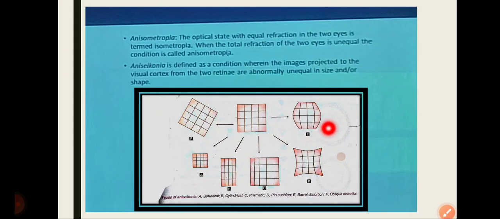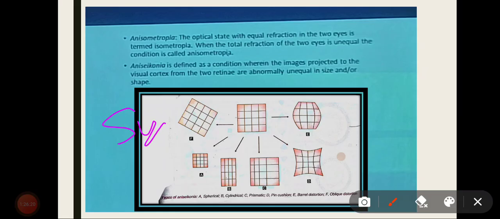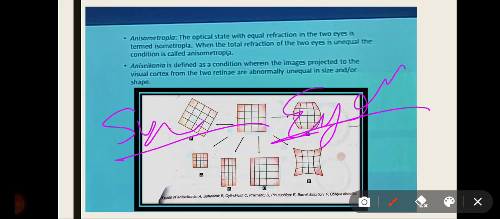And the symptoms: you will see double images, so sometimes diplopia will be a symptom. There is asthenopia, that is eye ache, brow ache, and tiredness of the eyes.